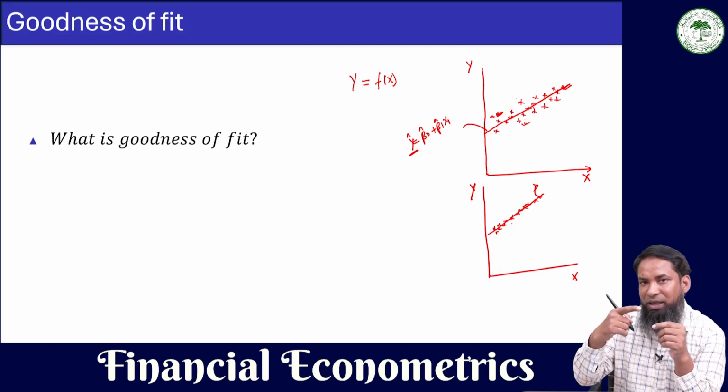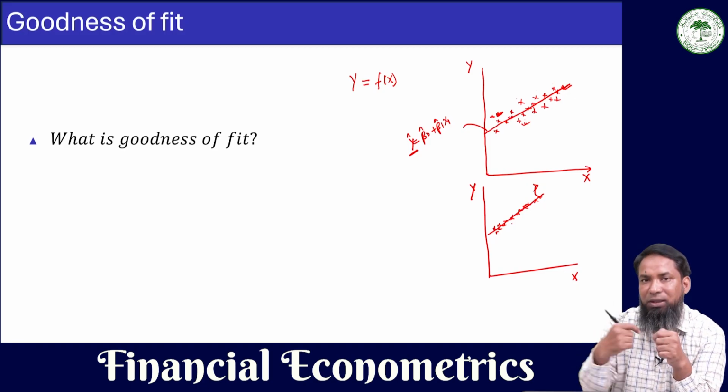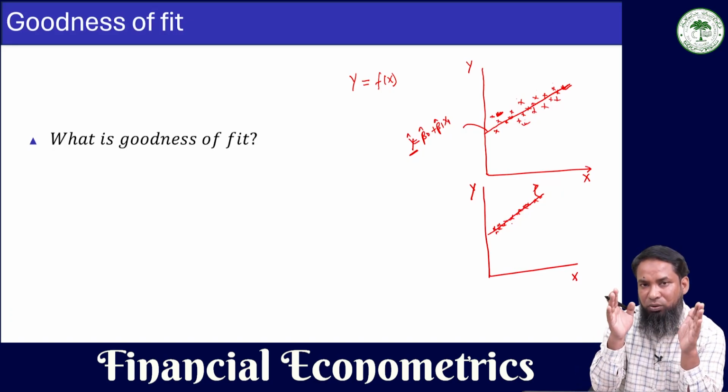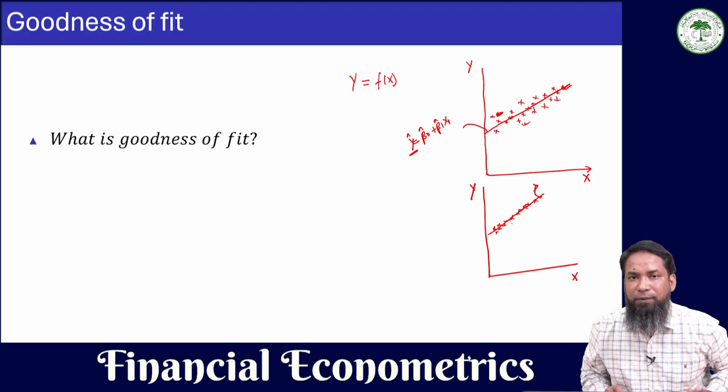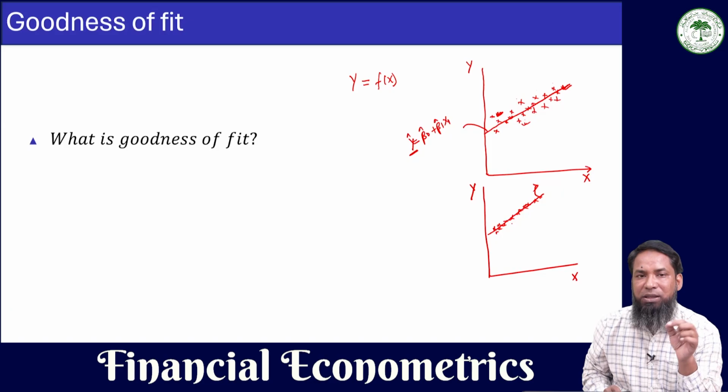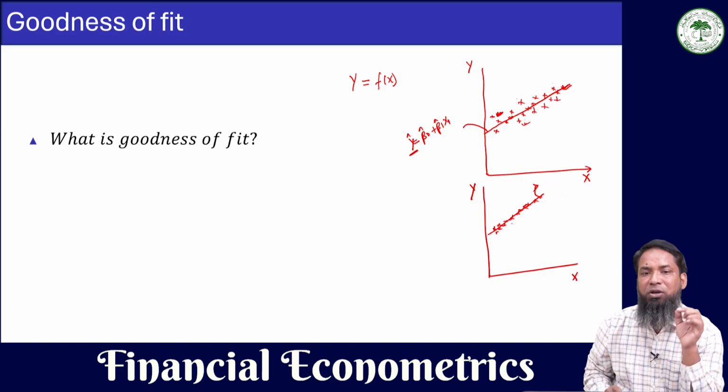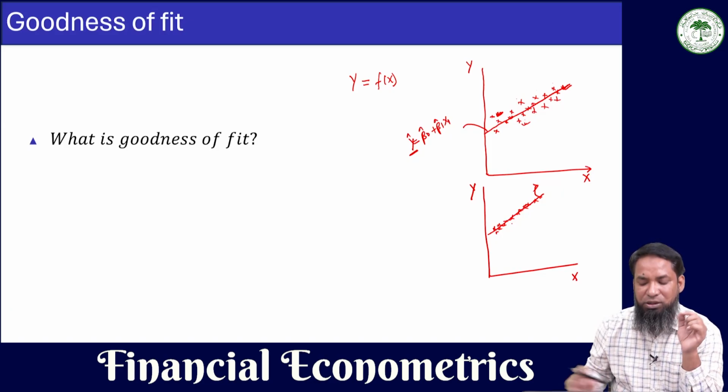When we say how good the fit is, we want to observe how much of the total variation is being captured by the estimated regression line. That is the concept of goodness of fit, often represented by R square.